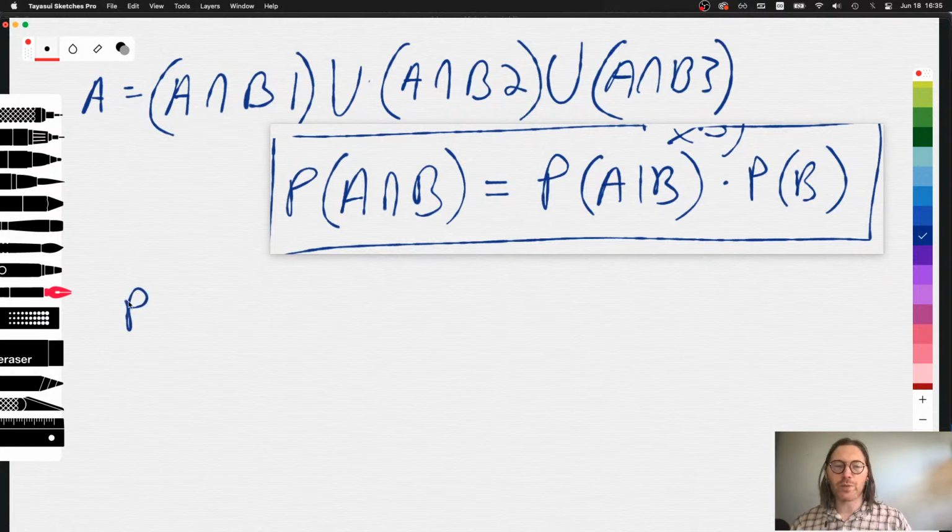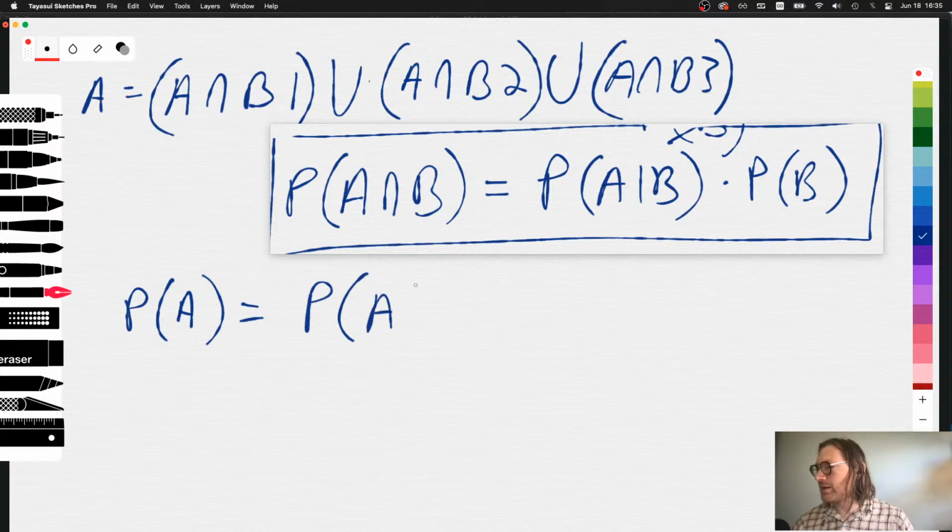So if we talk about the probability of A, we're not thinking about this necessarily in terms of the intersections and unions anymore. We're thinking about this in terms of probabilities. A intersect B1 is going to be the probability of A given B1 multiplied by the probability of B1.